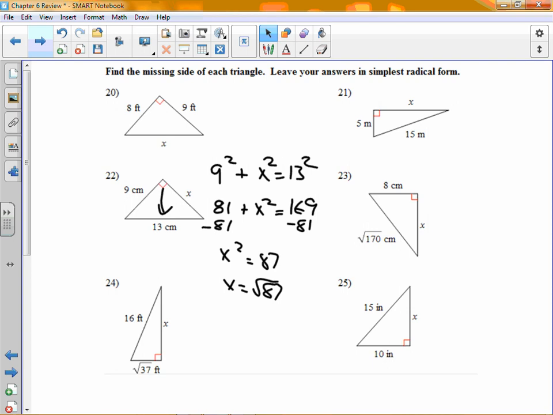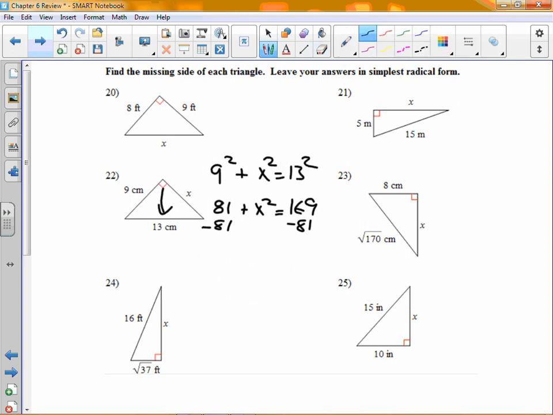Wow, where'd I get 87 from? You recognize 88? Just a second ago I had 87 and I didn't simplify it. Now I got 88 and I'm not sure we all recognize this, guys.